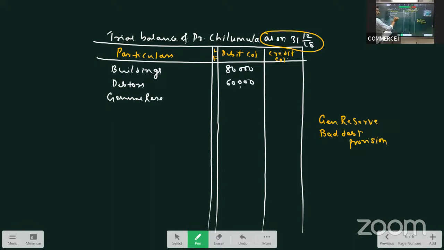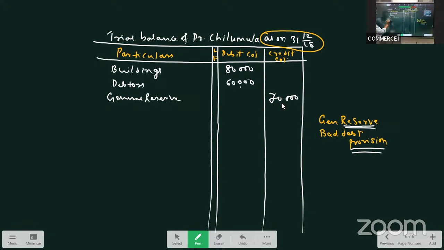For you to understand, I'll make it simple. All reserves and all provisions are to be placed in credit column. So general reserve is given as 70,000.